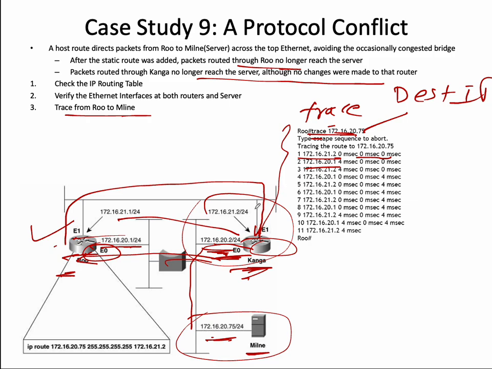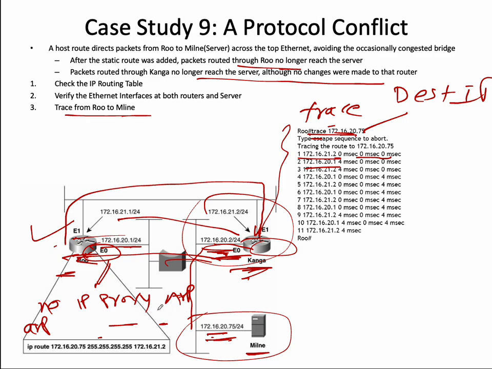So how can we configure it? Basically here we need to enter this command. You go into interface E0 and enter no IP proxy ARP. Then you configure ARP with the IP 172.16.20.75, and you define the ARP address.